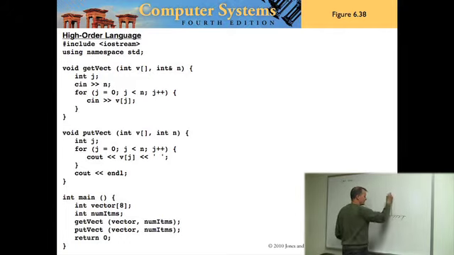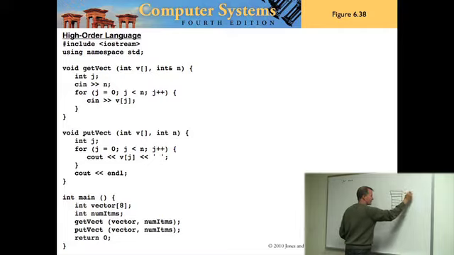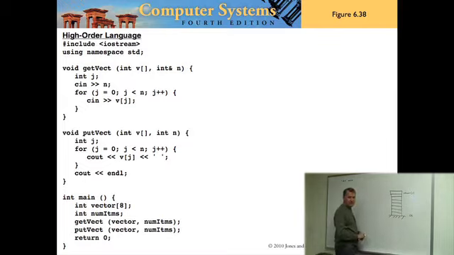Okay, so the first local variable is that array, and it has 8 cells in it, right? So there's the 8 cells of the local variable, and the local variable is named vector. Vector sub 0, 1, 2, 3, 4, 5, 6, and 7. So vector sub 7 is the last one.